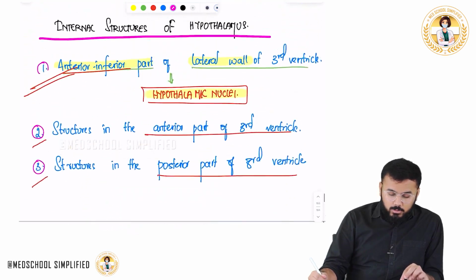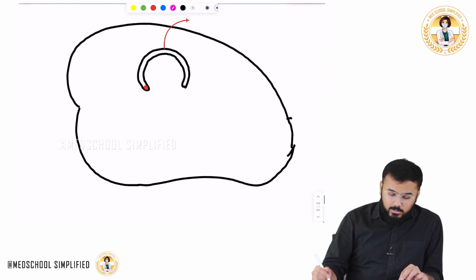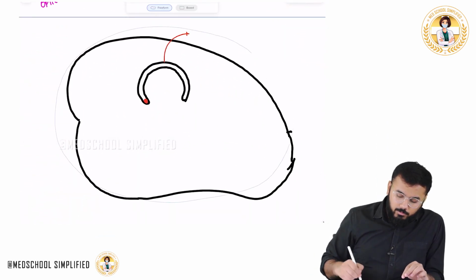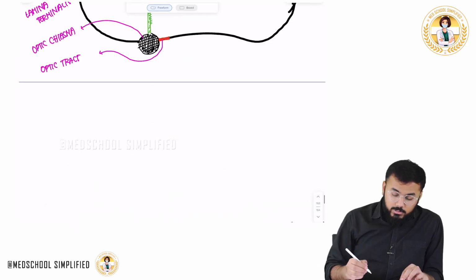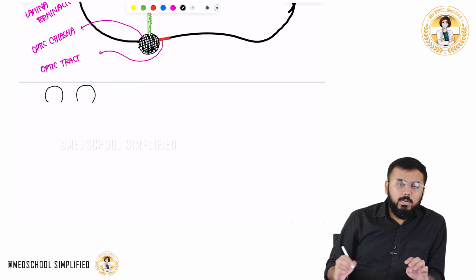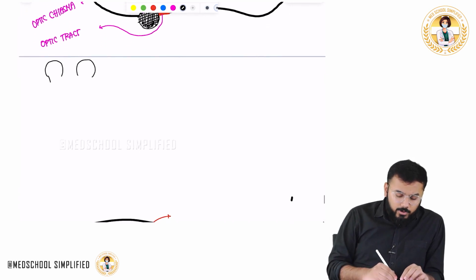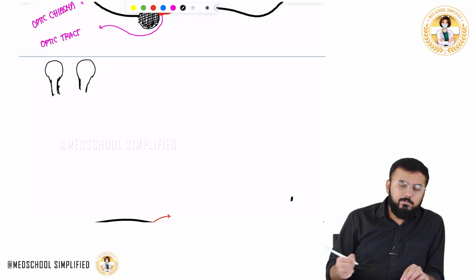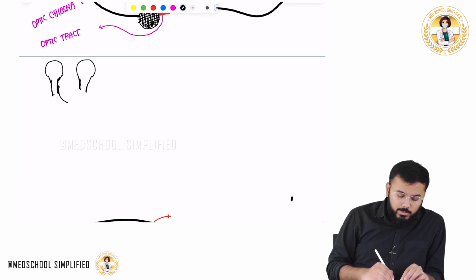Okay, so if you look at this thing which I will be drawing right now, it will be completely clear for you. So this is what I am trying to tell you, that you see this is your eyeball over here and this is your eyeball over here, let us say. Now from there you see this nerve that is coming. These nerves are called as optic nerves. So one on the right side, one on the left side. Now both the optic nerves, what will happen?